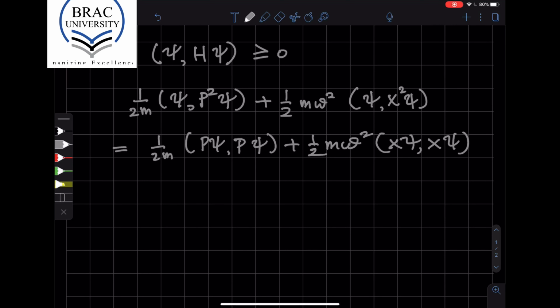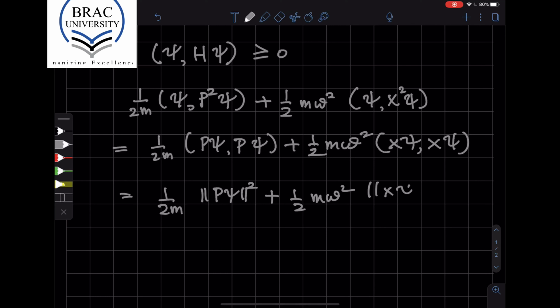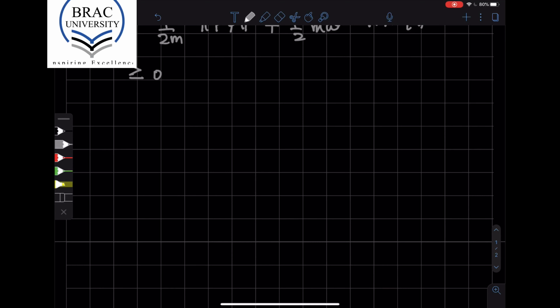Being inner products, we can write this as the modulus squared of the state p psi plus half m omega squared times the modulus squared of x psi. So everything in this expression is positive, and therefore it is either 0 or positive. That means that the eigenvalues of the Hamiltonian operator are positive.